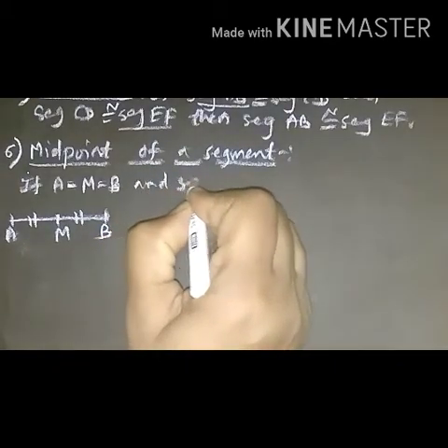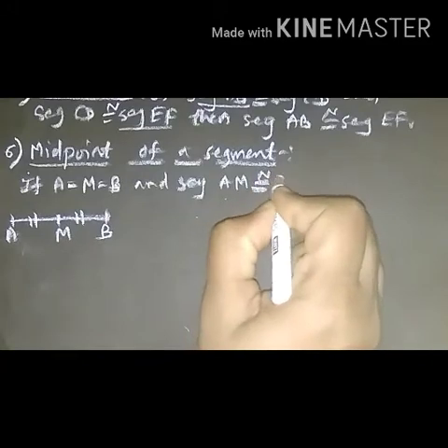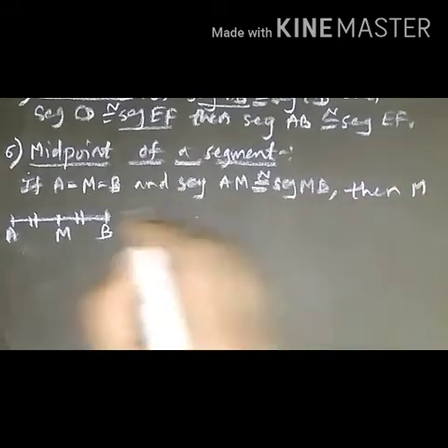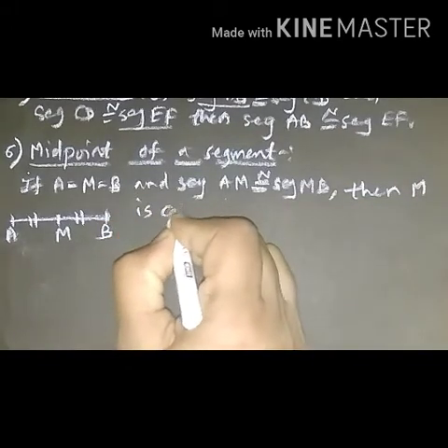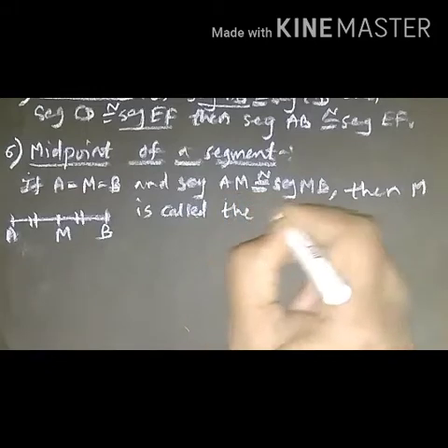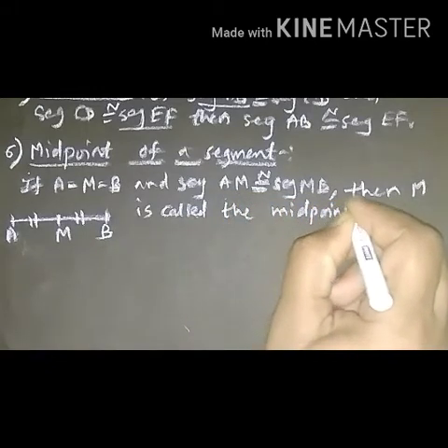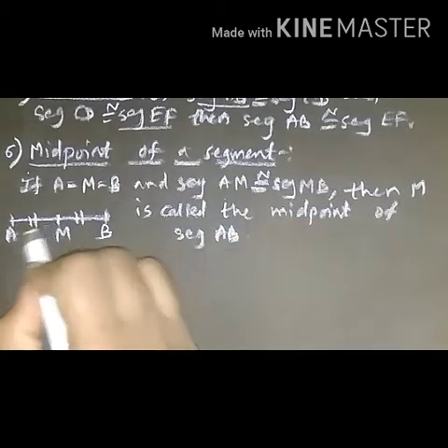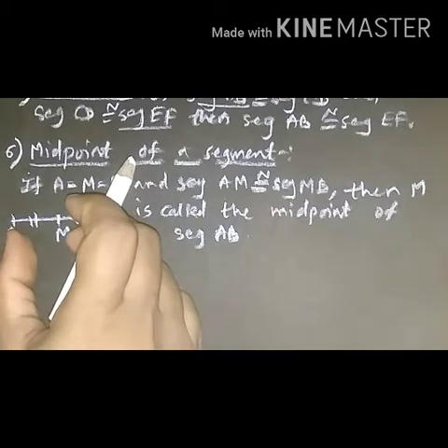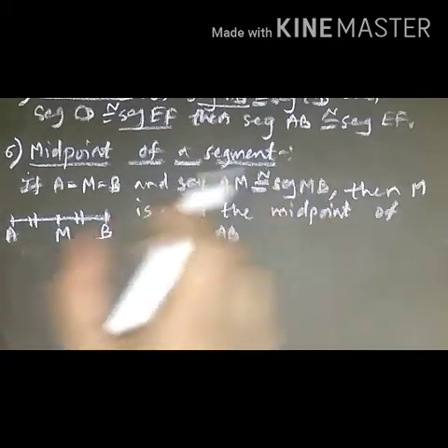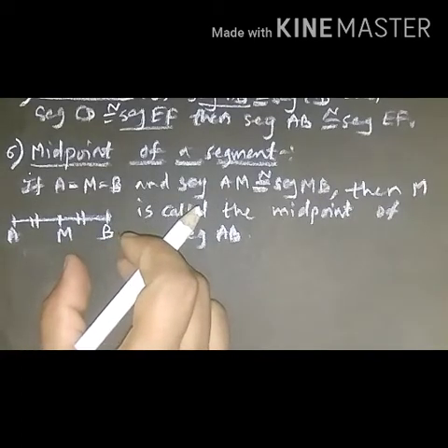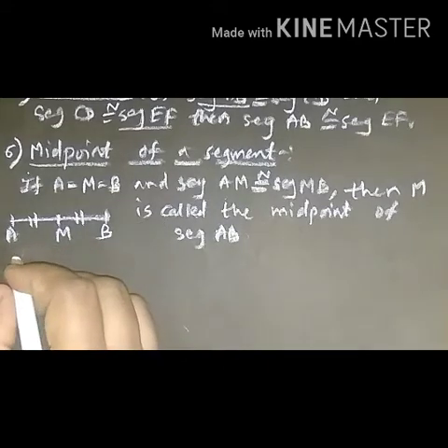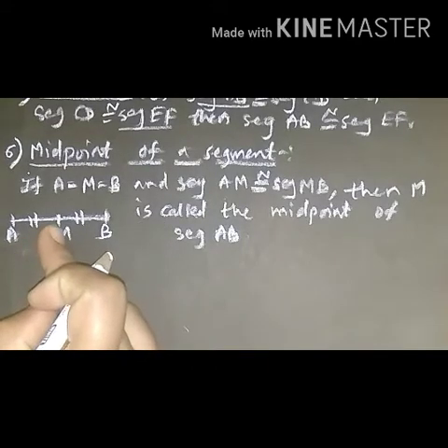And if seg AM is congruent to seg MB, then M is called the midpoint of seg AB. Therefore every segment has one and only one midpoint.